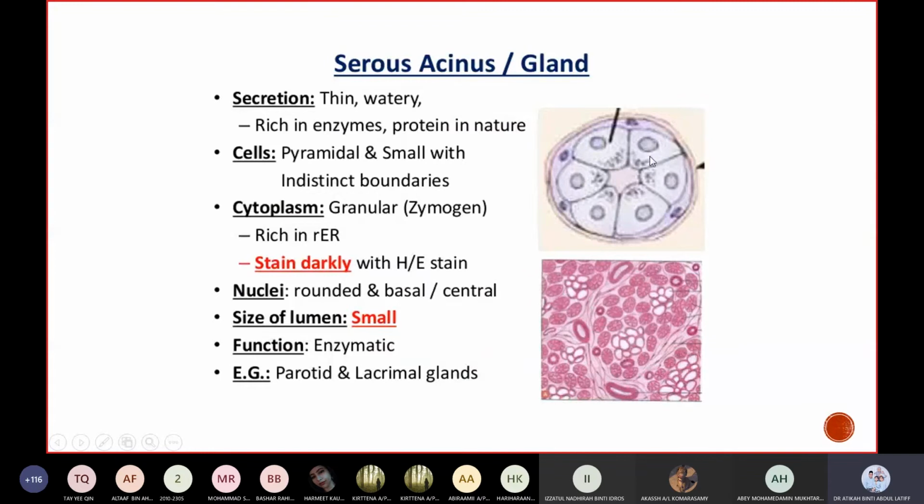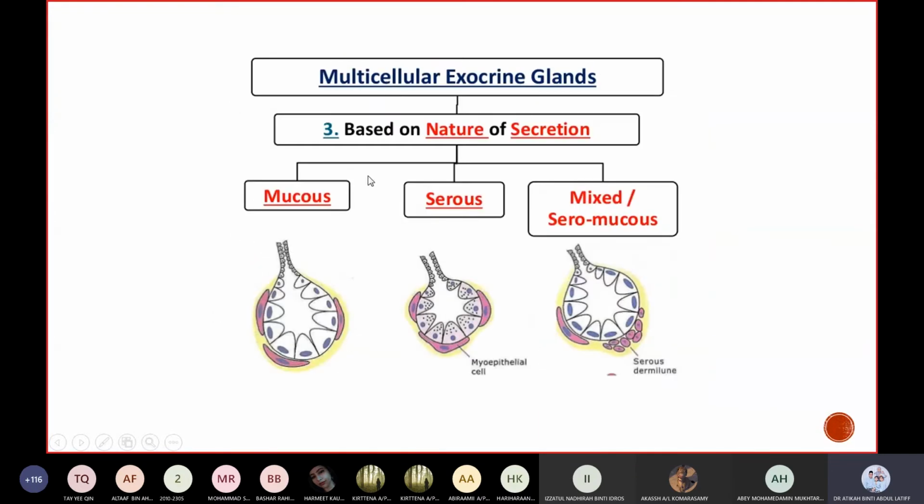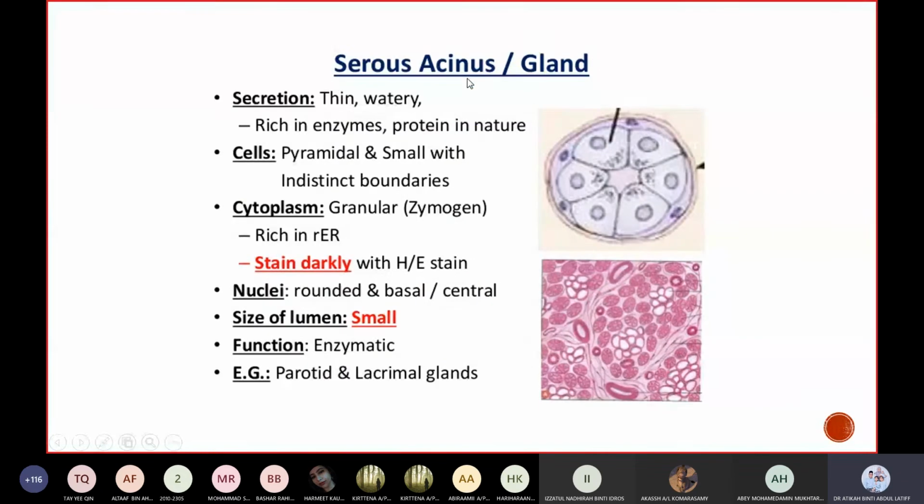Okay, so just a bit on the three types of gland according to secretion. Okay, so in serous acinous glands, they secrete thin watery protein containing secretions. Okay, and these are your zymogen granules. They have zymogen granules in the center. Okay, and the cells are pyramidal shaped in serous acini.